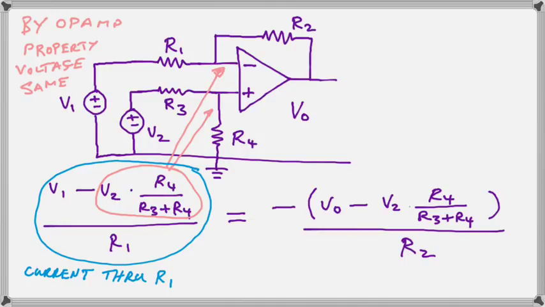Okay, now we take the next term, which is the current through R2. And the current through R2 has to be equal to the current through R1, because no current can flow in or out of the negative op-amp terminal according to the properties of our ideal operational amplifier.